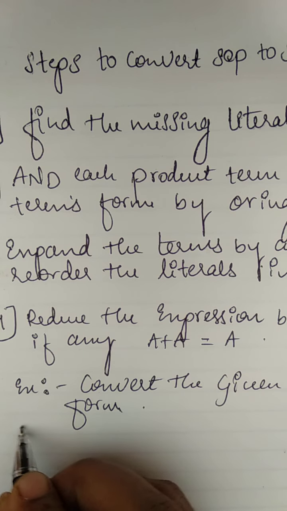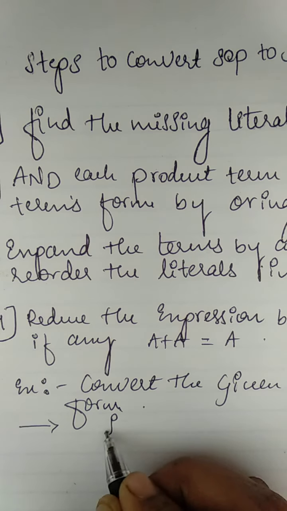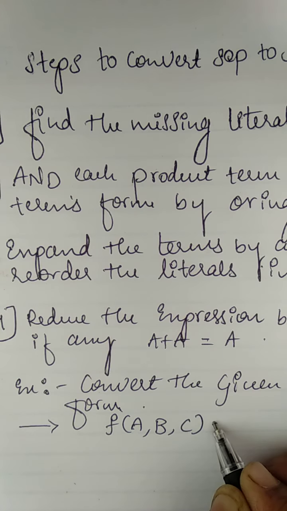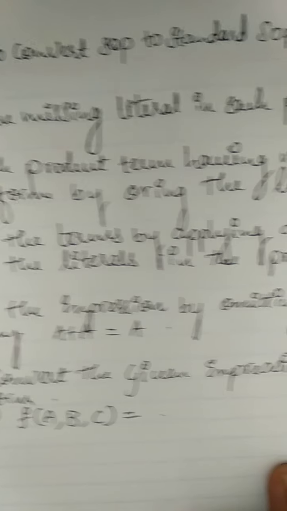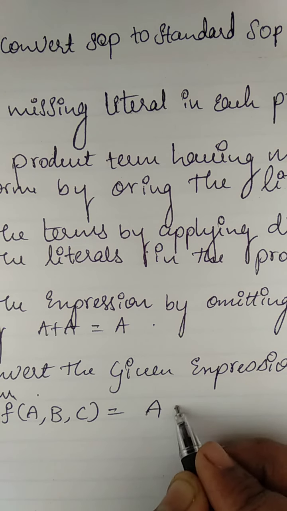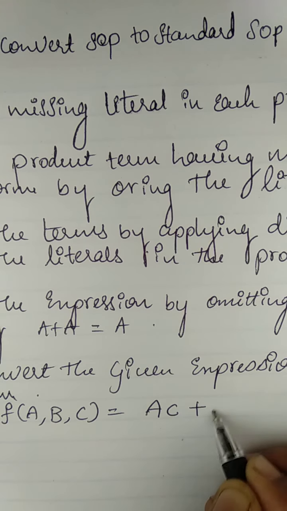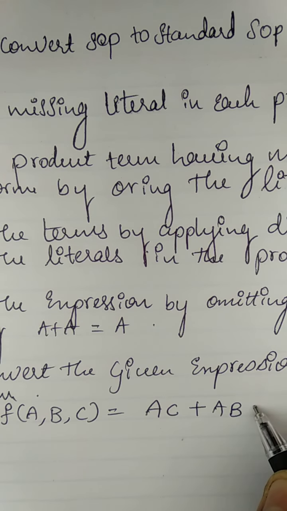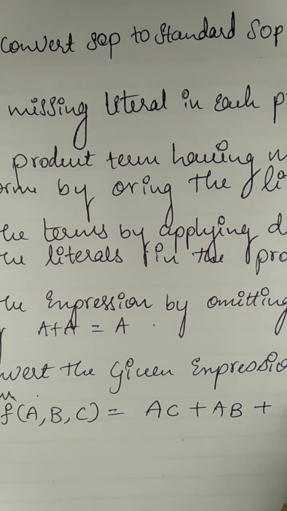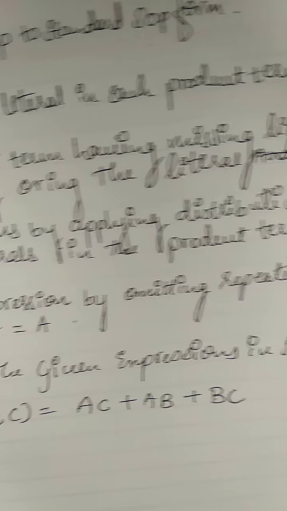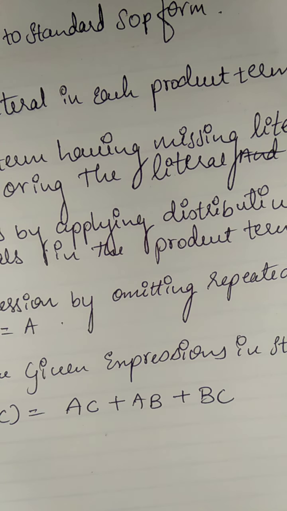So the given expression is F of A, B, C. First, what do we have to write? We have to write the missing literals in each product term. The given expression is F of A, B, C equals AC plus AB plus BC.